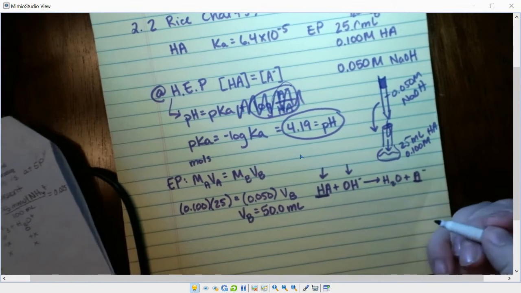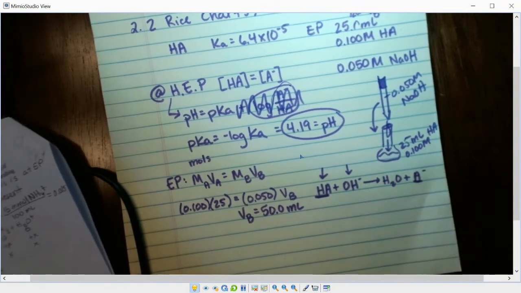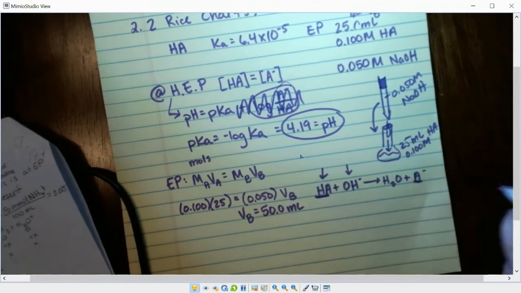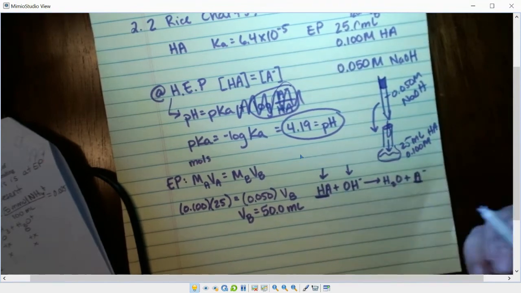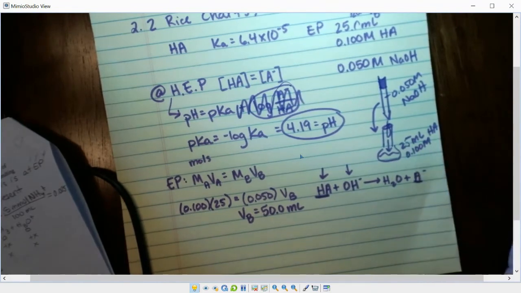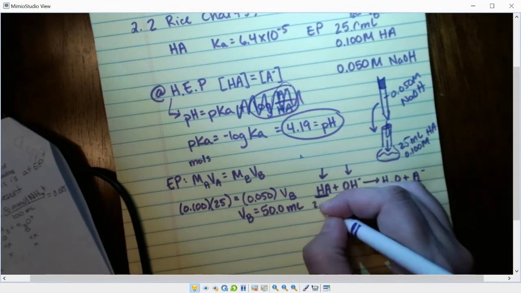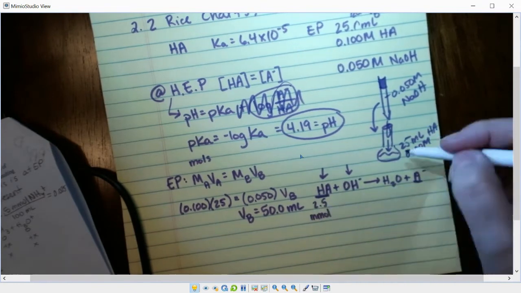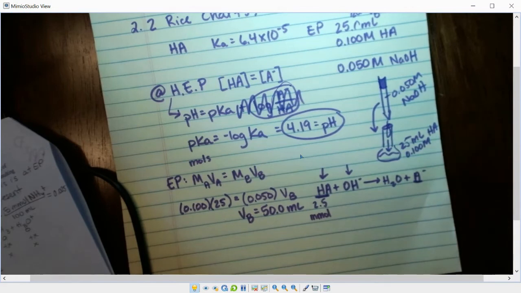Well, what the first RICE chart is really trying to get you to understand is to think about how much HA we started with down here. And let's think of it in terms of moles. I'm going to calculate it in millimoles. So 25 times 0.1 is 2.5 millimoles. So we started with 2.5 millimoles of acid down here.